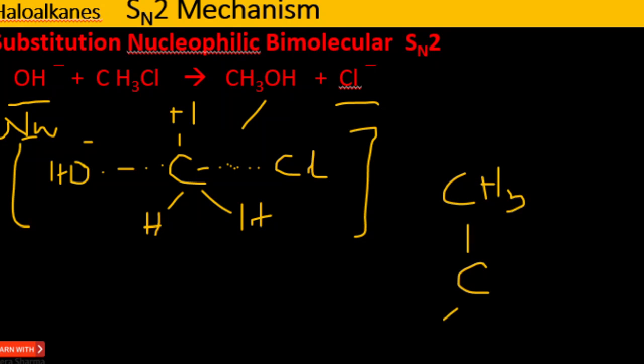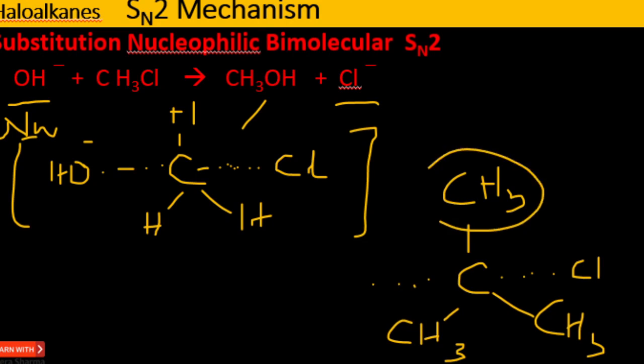I have 3 methyl groups attached to this carbon, and a halogen. The halogen is moving away, but as the nucleophile is approaching, there are bulkier groups present. So it is more difficult for the product to be formed.